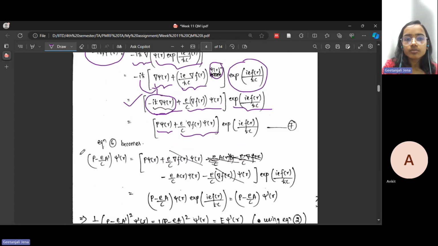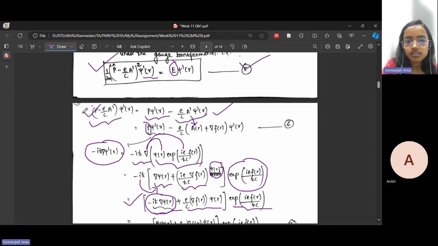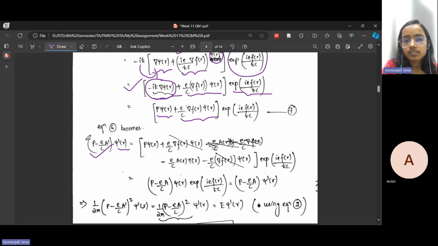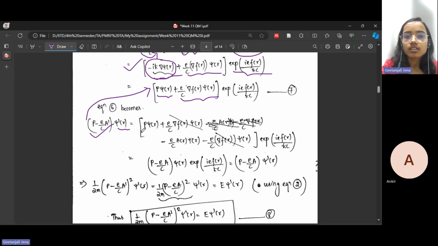Now what will happen? This equation 6, now you have acted one time on psi of r. So now you have to again act this operator on psi of r because there is a square. So if you act this one on this state, then you will get terms like this.